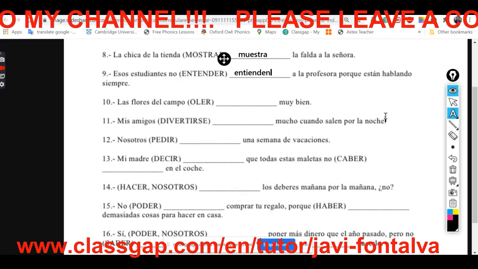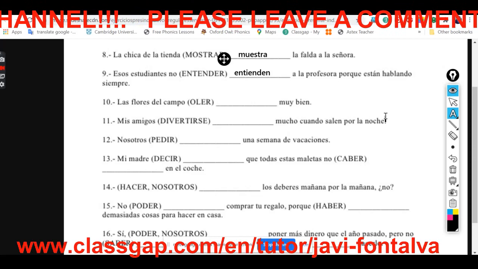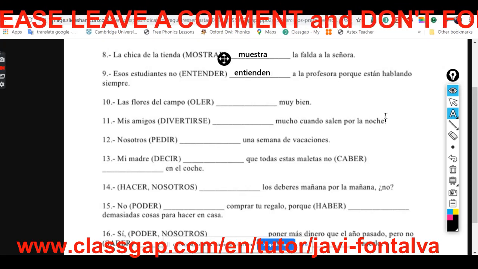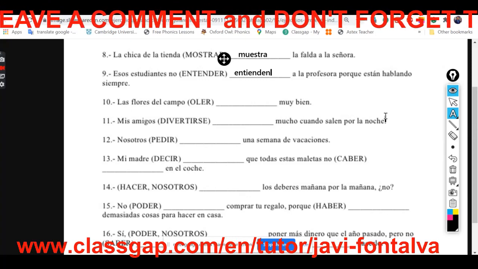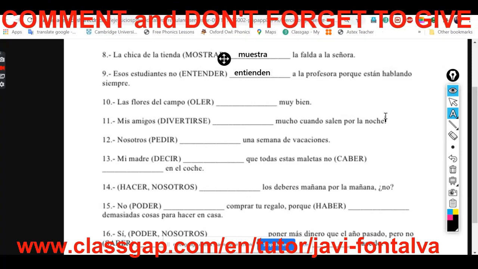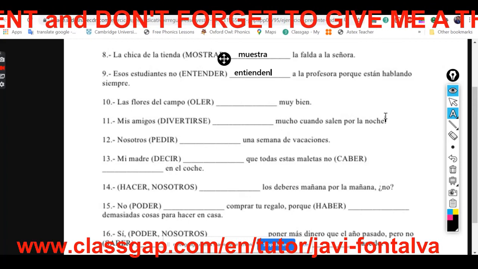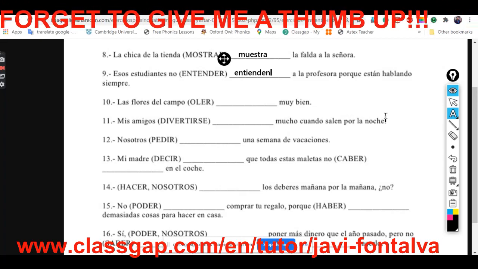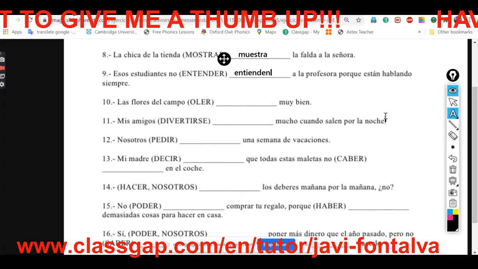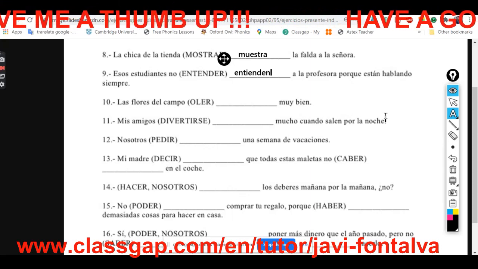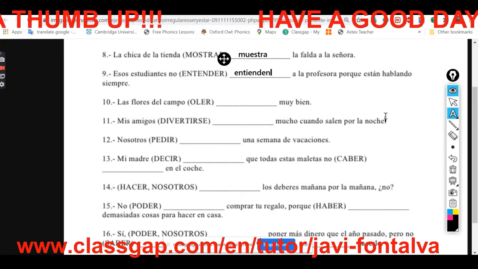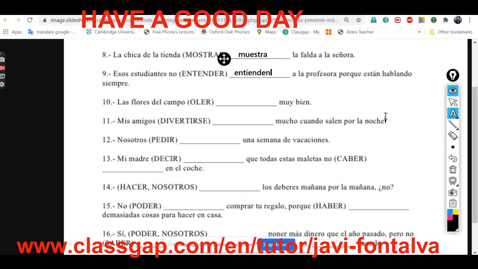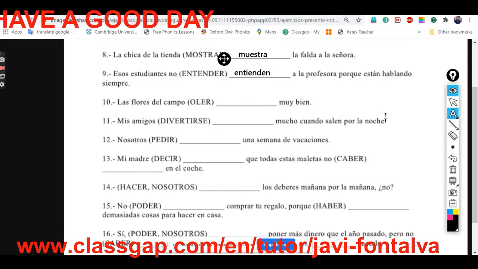These students do not understand their professor because they are always speaking. By the way, profesora also means teacher, not necessarily professor. It could be a school teacher or myself. Okay, number 10.